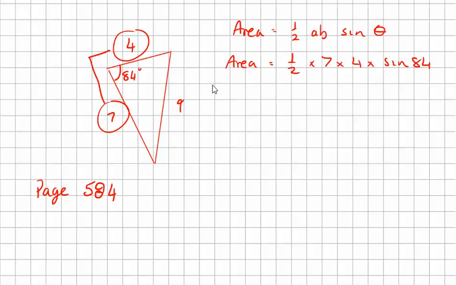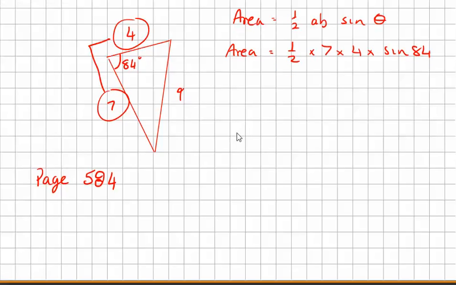Guys. Still going, Ishan. You're ignoring me. Parents' evening coming up. Page 584. You've got exercise 29B, for area of triangle. You've got a few questions there. Off you go. We'll go through them in a bit.